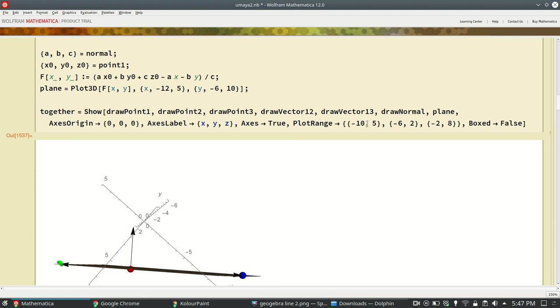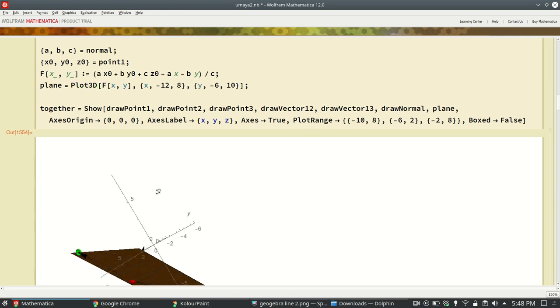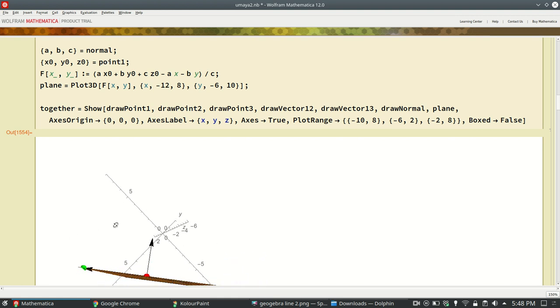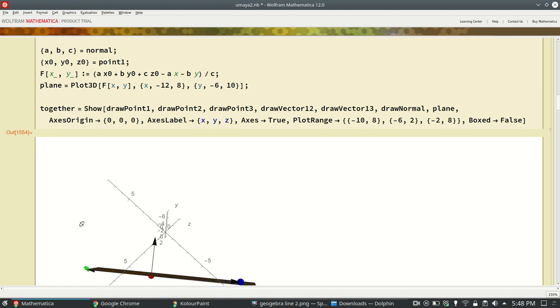Positive z goes to 8. Positive x only goes to 5, so let me take it to 8. Does the plane itself go to 8 on the x? No, it does not, so let me make that 8. Okay. That didn't really help me that much. I still need some more on this plot in the positive x.